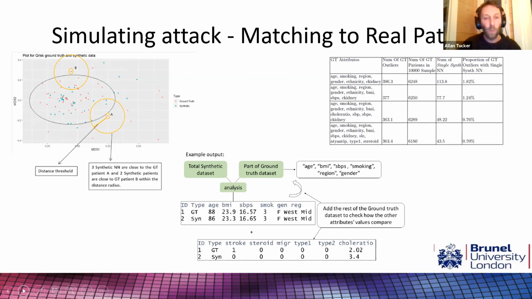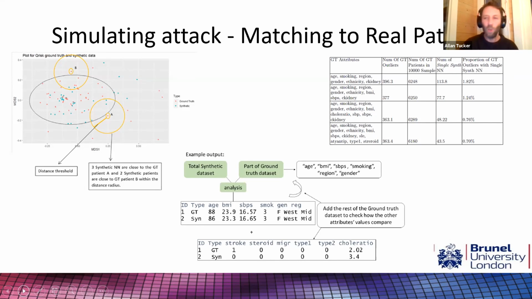And as Pooja said, when we did, the distance was still there. They weren't overlapping, and in fact, they were quite distinctly different. So the example here is someone who has a very similar age to a synthetic data point. You can see that in the ground truth, the age is 88, and the synthetic was 86. The BMI is very similar, blood pressure very similar, both similar smoking status and female from the West Midlands. But actually, when we come to the synthetic data, the synthetic omits the fact the person has had a stroke and they have different cholesterol ratios.